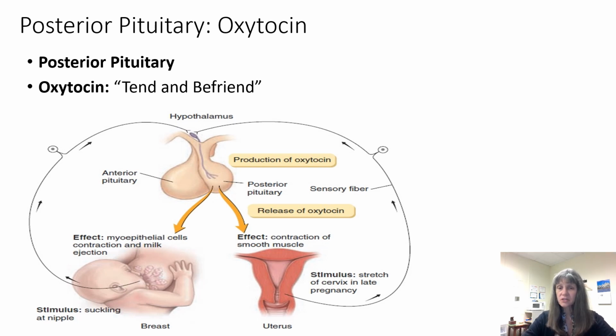It also causes smooth muscle to contract during labor, so the stretch of the cervix sends signals to the hypothalamus, which causes the release of oxytocin, and that causes the smooth muscle contraction. Oxytocin is also released during an orgasm, and that's how people can sometimes become bonded to the wrong individual if they have sex too early on in a relationship.